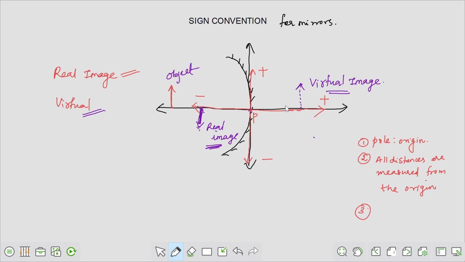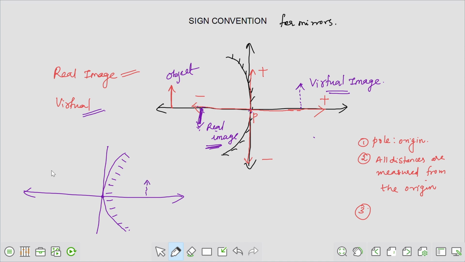Now what about the convex mirror? Let's see for convex. I am drawing the Cartesian coordinate system again. We know that for a convex mirror we get only one type of image, that is a virtual image, and it is always formed at the right side.